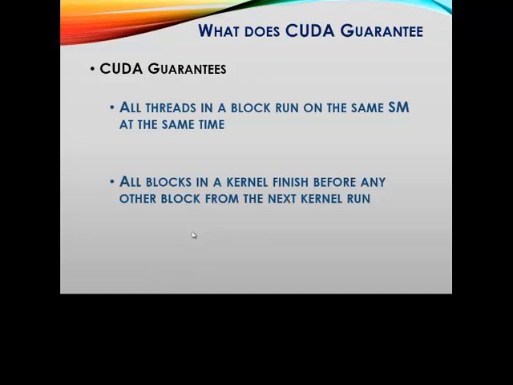So if you have certain areas of the program that need to wait on another area of the program, then you could make two kernels. The first one will run first, and then the second one will have to wait until the first one finishes. And if that was an order inherent to the program that you were trying to solve, this splitting of the kernels will make sure that the order would be preserved. So these are the two implications here: all threads within a block will be assigned within the same streaming multiprocessor, and all blocks within a kernel must finish before any other kernel is invoked and run on your GPU.